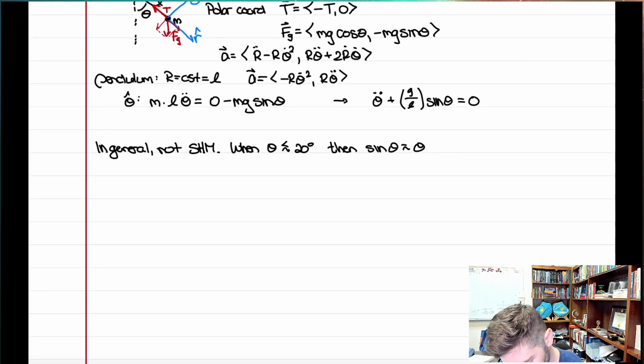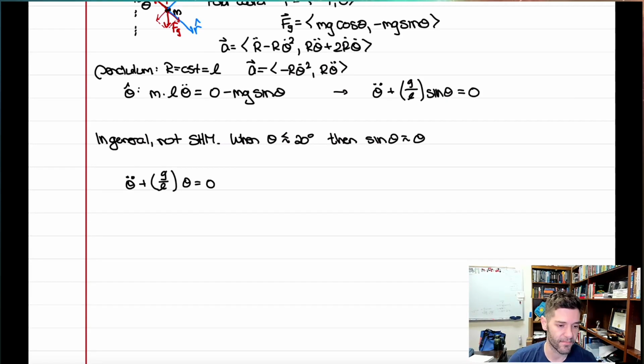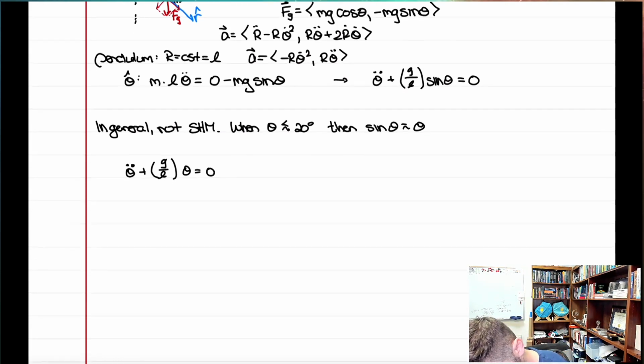So when you have small displacements, then you do get theta double dot plus g over L times theta equals 0 as the motion of the pendulum. This is the simple harmonic motion equation. Instead of x's, though, now we have thetas. So I notice that omega naught is the square root of g over L in this case, right?